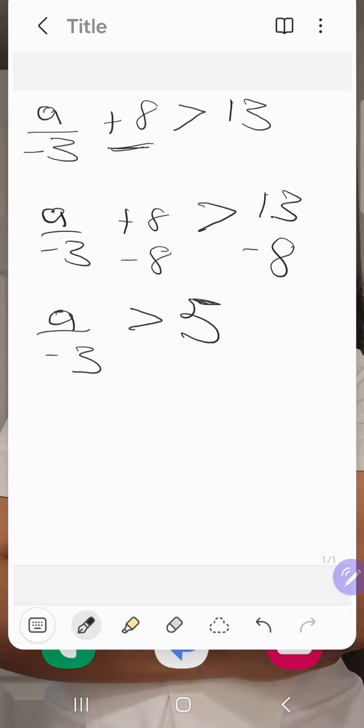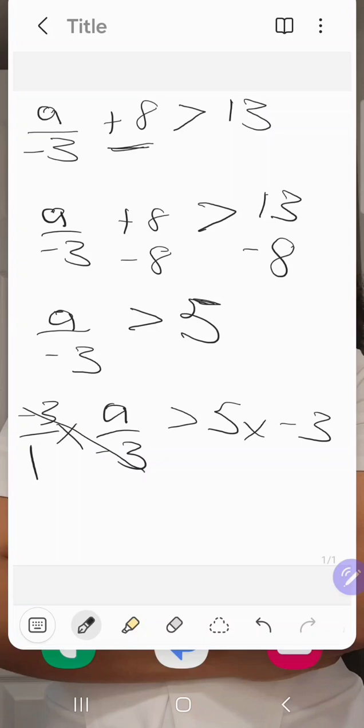Okay, in this step now, we see that a is being divided by negative 3. So what we're going to do is the opposite, which is multiplying by negative 3. I'm going to write back what we have here, and we're going to multiply by negative 3.